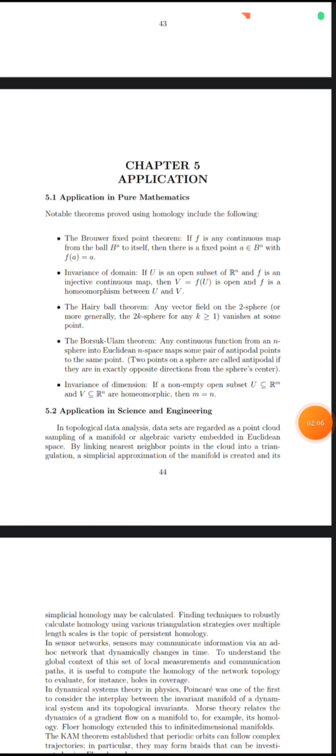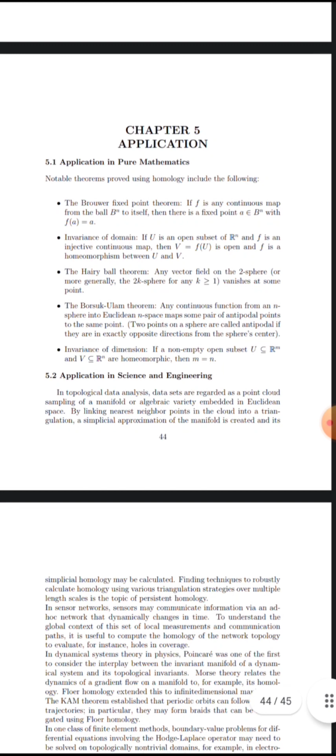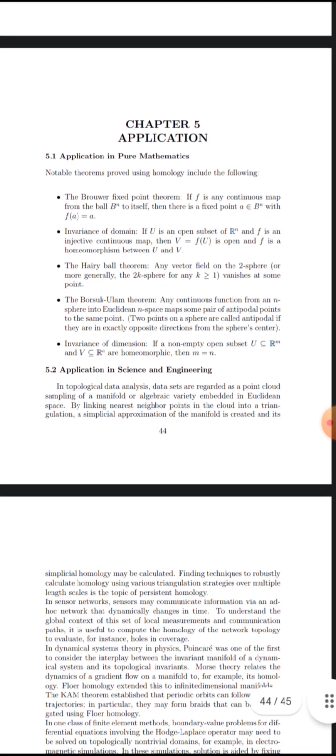Then any continuous function from an n sphere into Euclidean n space maps some pair of antipodal points to the same point. Two points on the sphere are called antipodal if they are exactly opposite in direction from the sphere's center.